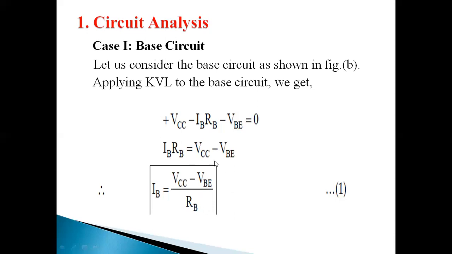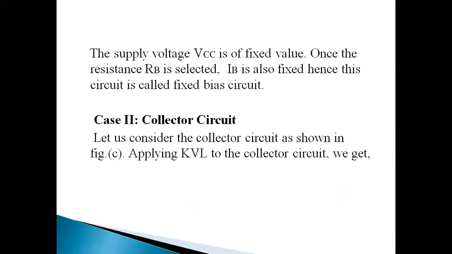So all these values are fixed, and the resultant base current also comes out as a fixed value. Whenever this base current IB is fixed, then the outgoing collector current from this transistor is also fixed, that is IC equals beta into IB, no? By this relation, whenever the base current remains constant, the collector current also remains fixed. Since IB is fixed, this circuit can be called a fixed bias circuit.